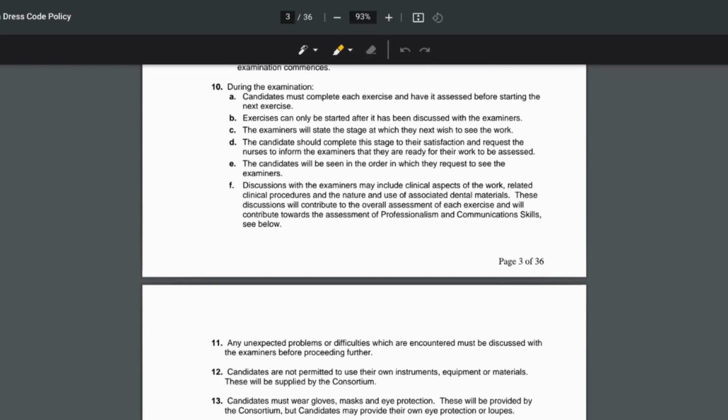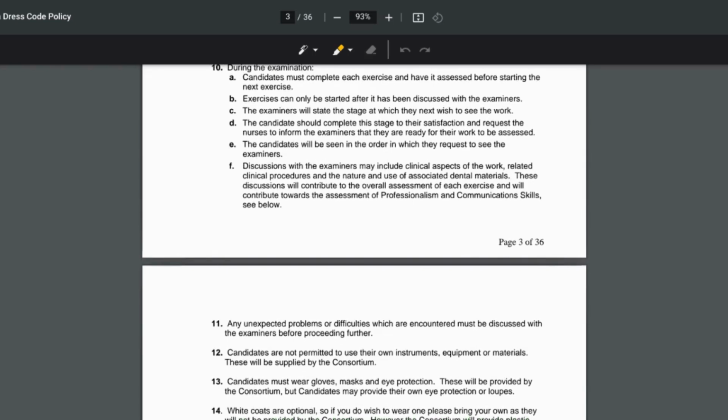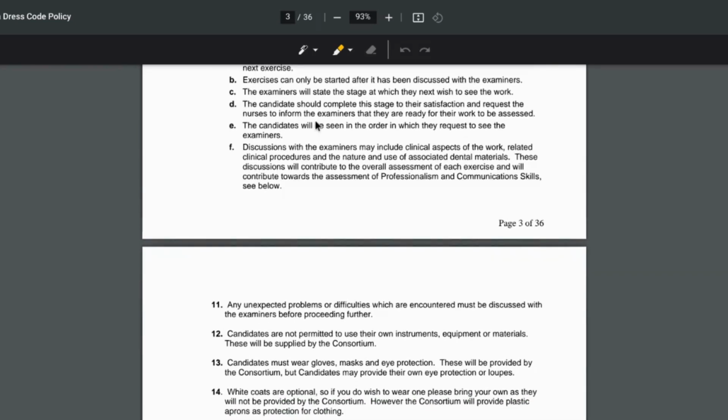The candidate should complete their stage to their satisfaction and request the nurses to inform the examiner that they are ready to be assessed. The candidates will be seen in the order that they have requested. So what happens in your exam is, when you have done it, you tell the nurse that you want the examiner to come and see you.